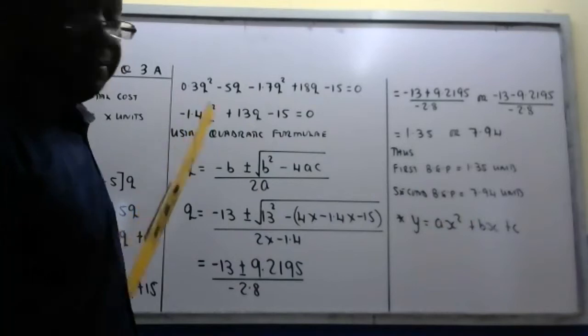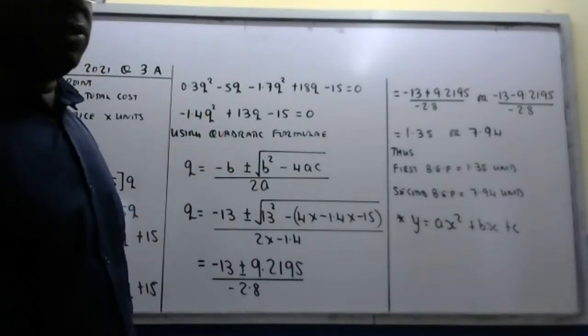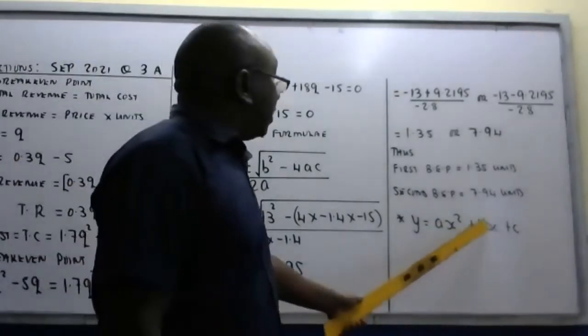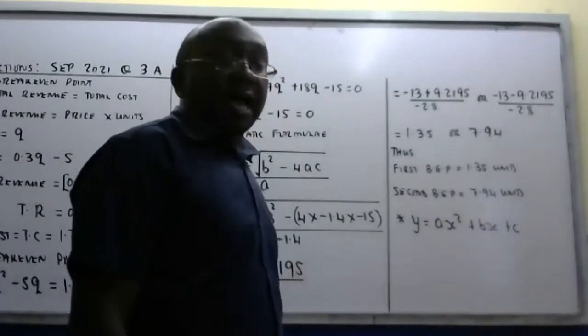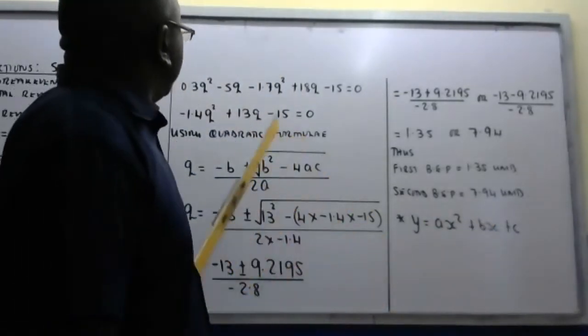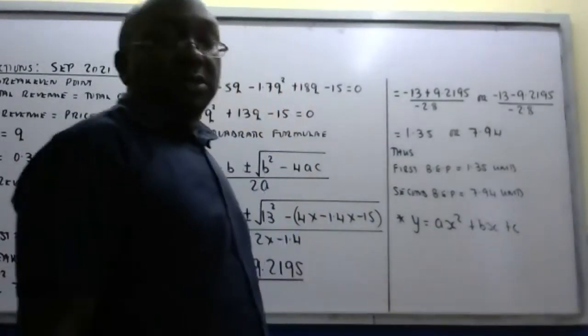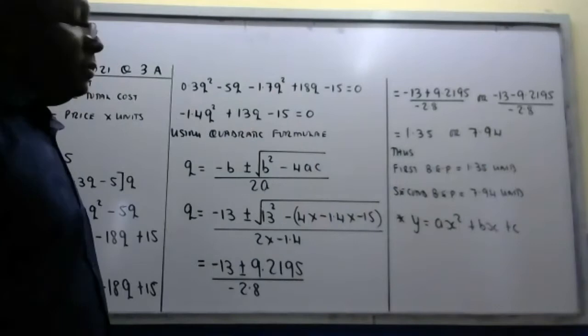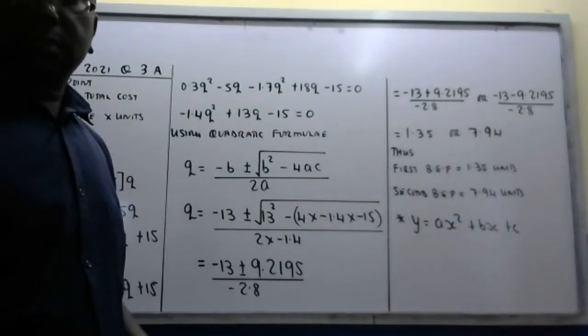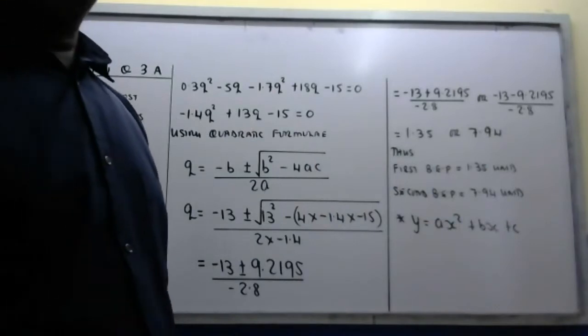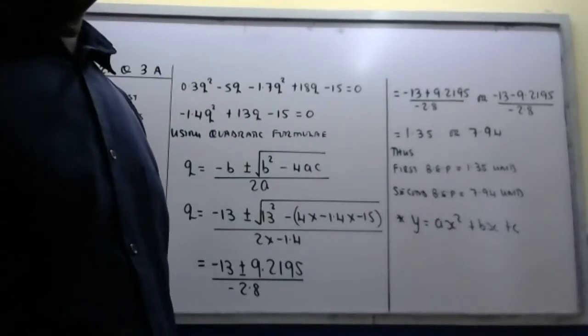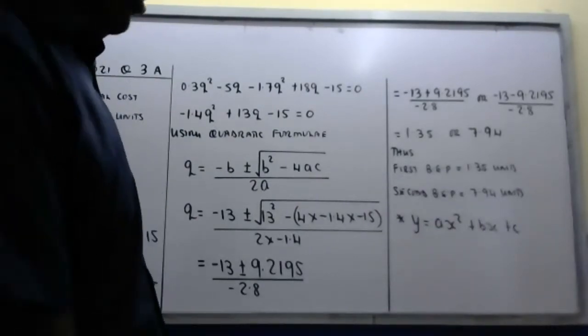The one which does not have a square but has x, that is our B. And the one that does not have x is our C. Thank you so much, I understood now. We can proceed ahead. Okay, karibu.